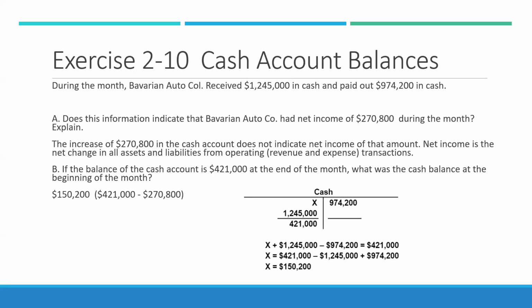Right? Because we can have our T account and then add, and then work backwards to the beginning balance. Oh, the balance of cash is 421 at the end of the month, not at the beginning of the month. But anyways, I read that wrong.